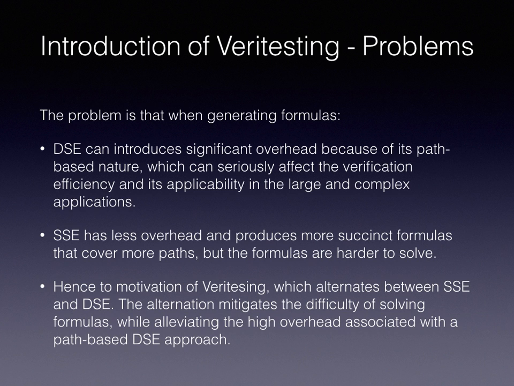SSE has less overhead and produces more succinct formulas that cover more paths, but the formulas are very hard to solve. Hence the motivation of veritesting, which alternates between SSE and DSE. The alternation mitigates the difficulty of solving formulas while alleviating the high overhead associated with the path-based DSE approach.